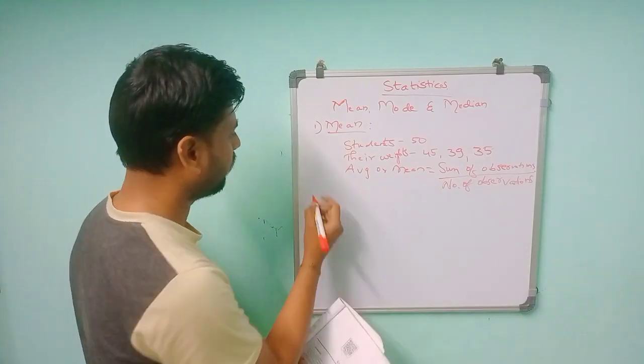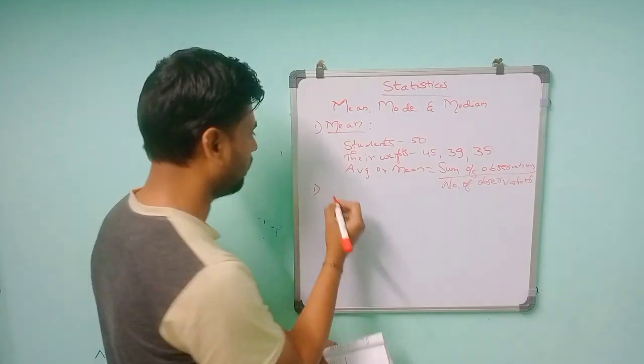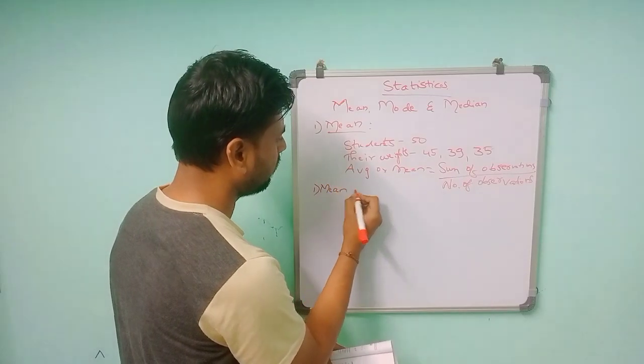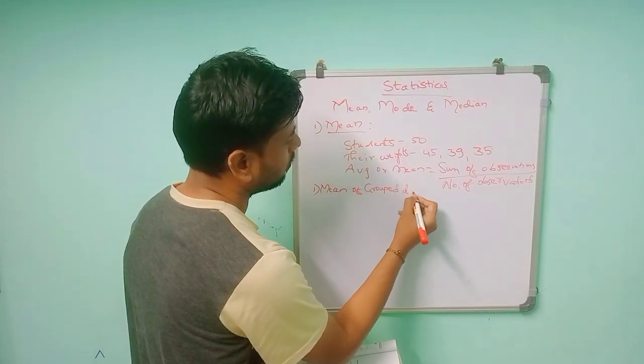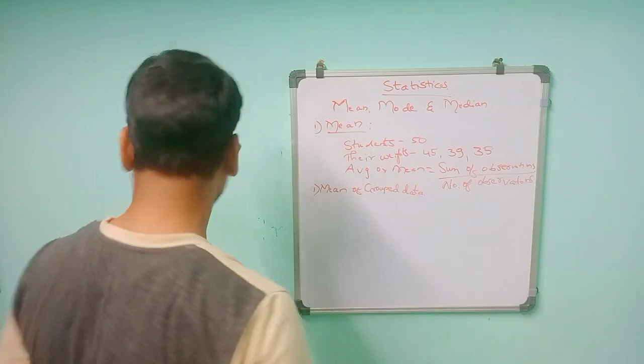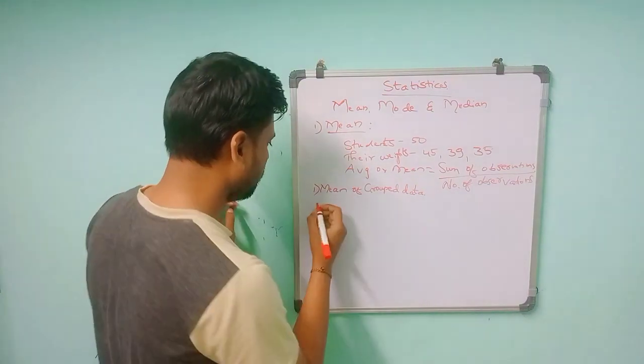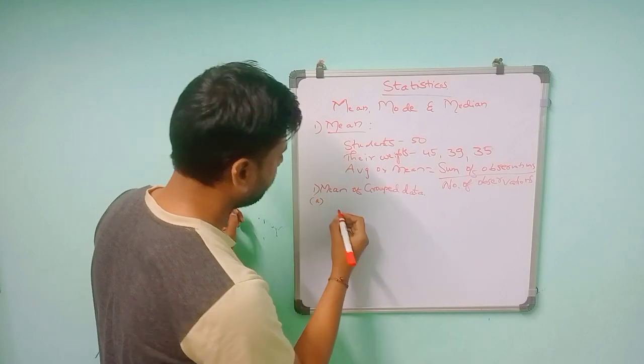Then, first is the mean of grouped data. In the mean of grouped data, there are three methods to find the value. Which are these?